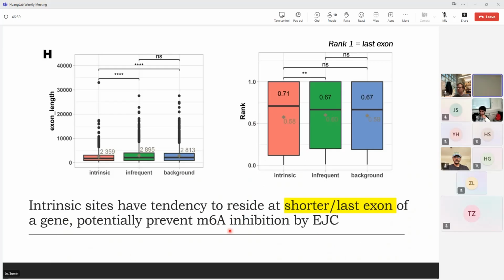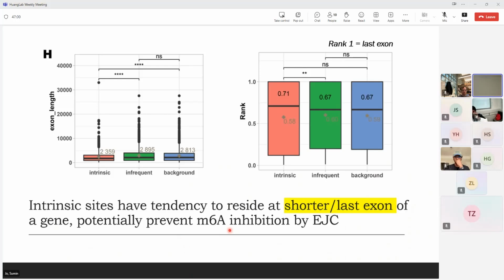Another feature is that intrinsic sites have a tendency to reside in shorter exons, and also tend to be in the last exon of the gene, which potentially prevents M6A inhibition by EJC.